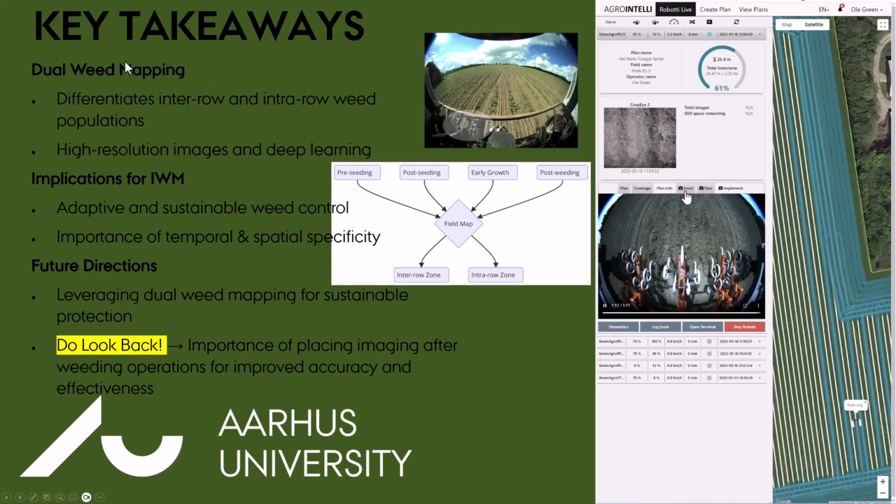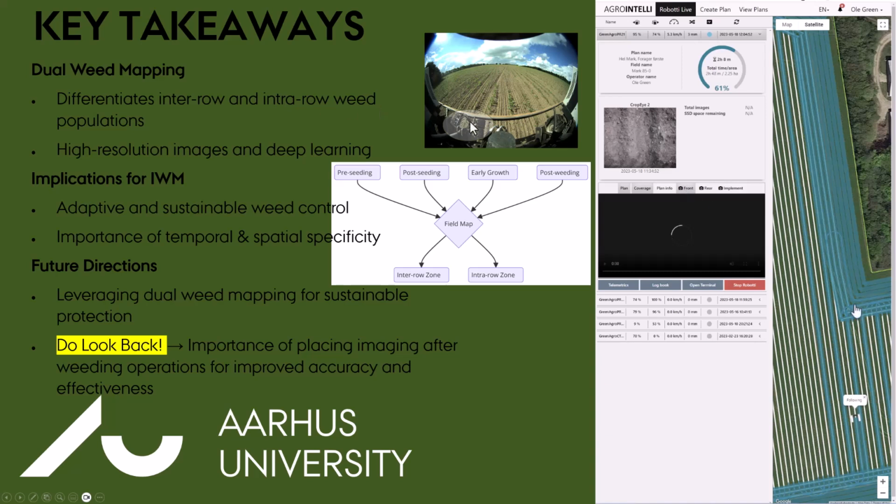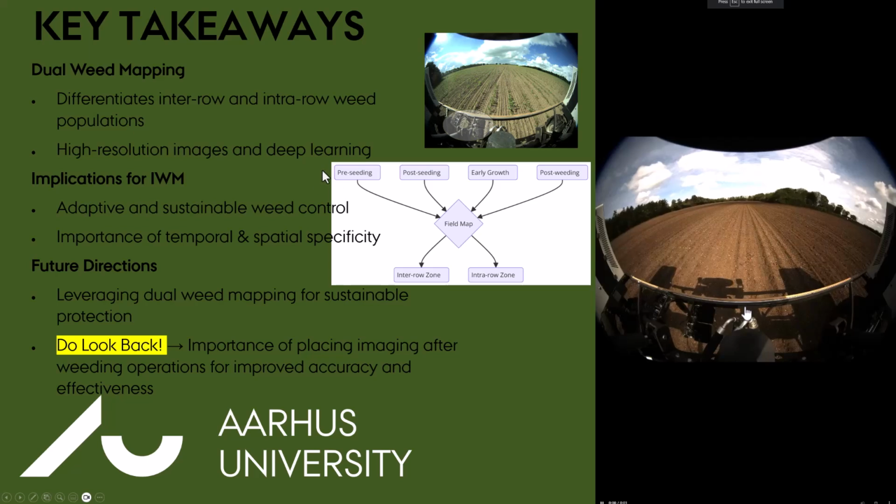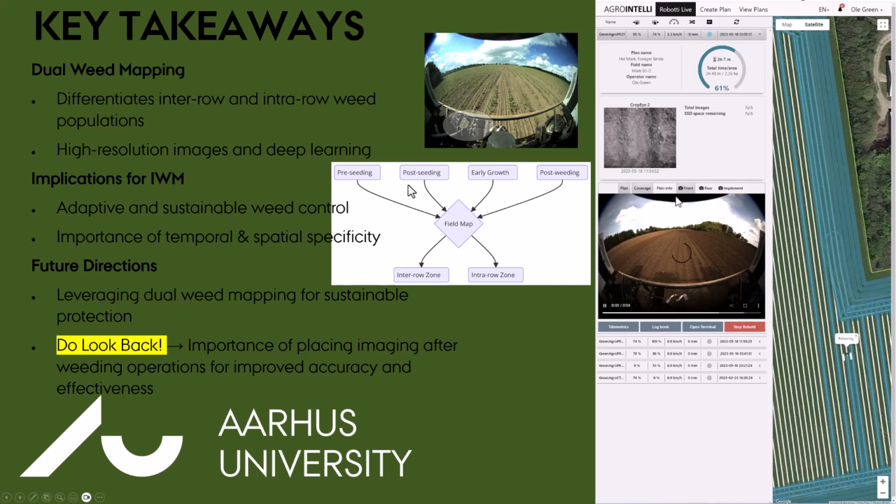So the key takeaways: dual weed mapping is needed if you have 2 different ways of treating your crop, bands and between the bands. High resolution images and deep learning can definitely leverage that. But what is really important is this kind of spatial temporal thing. If you have information before you seed, it would be valuable in your planning.